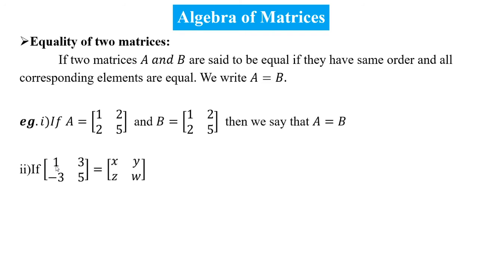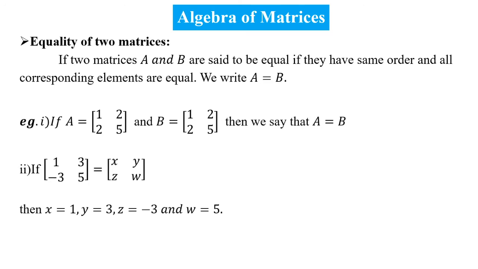If matrix A has the elements 1, 3, minus 3, 5 and matrix B has the elements X, Y, Z, W, then we say that X is equal to 1, Y is equal to 3, Z is equal to minus 3 and W is equal to 5, because two matrices having the same order and corresponding elements are the same.